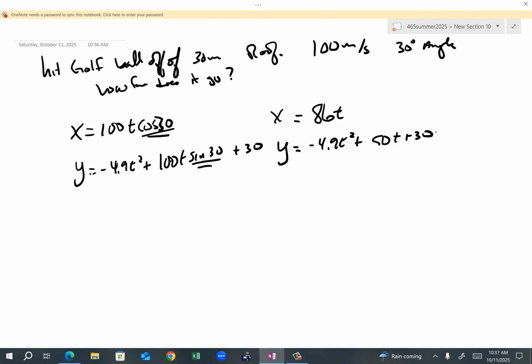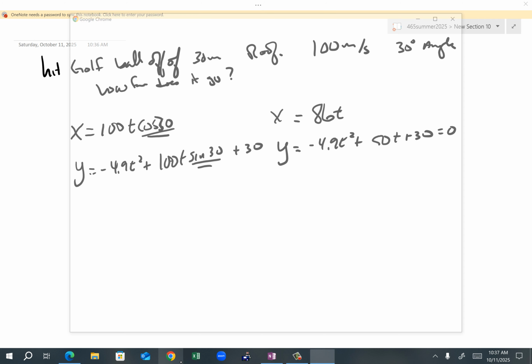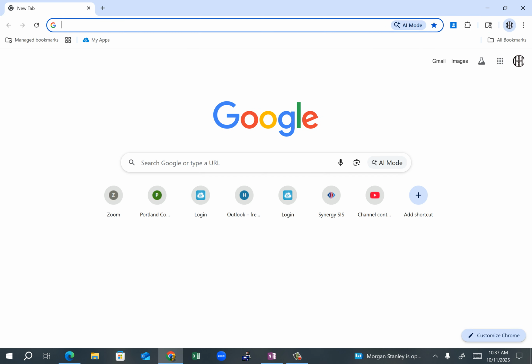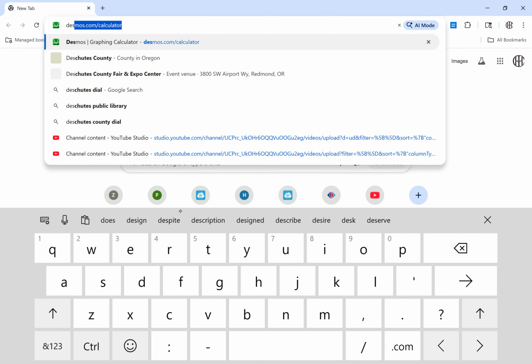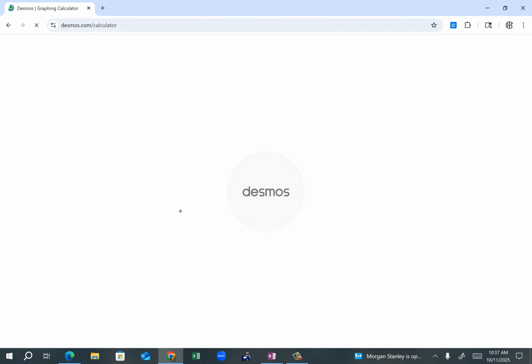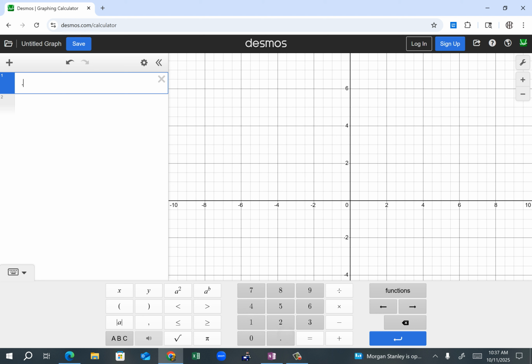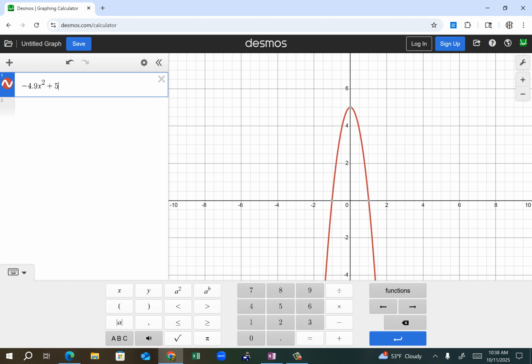So I'm going to set this equal to 0. I'm just going to grab the old Desmos.com because I can, and we're going to graph that. So I simply type in negative 4.9 x squared plus 50x plus 30.